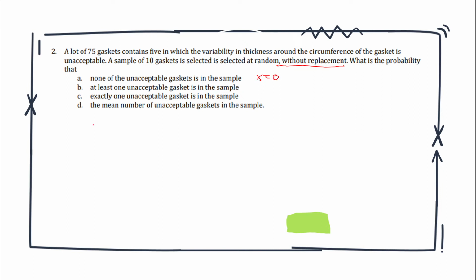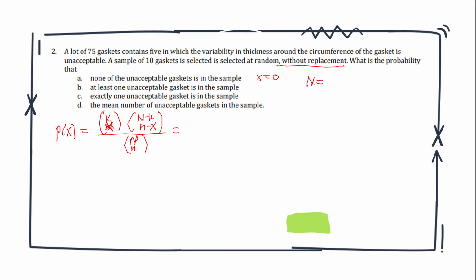So we are going to have the formula. P of x is equal to K taken x times N minus K taken n minus x over N taken n. So in the given here, what is our N?